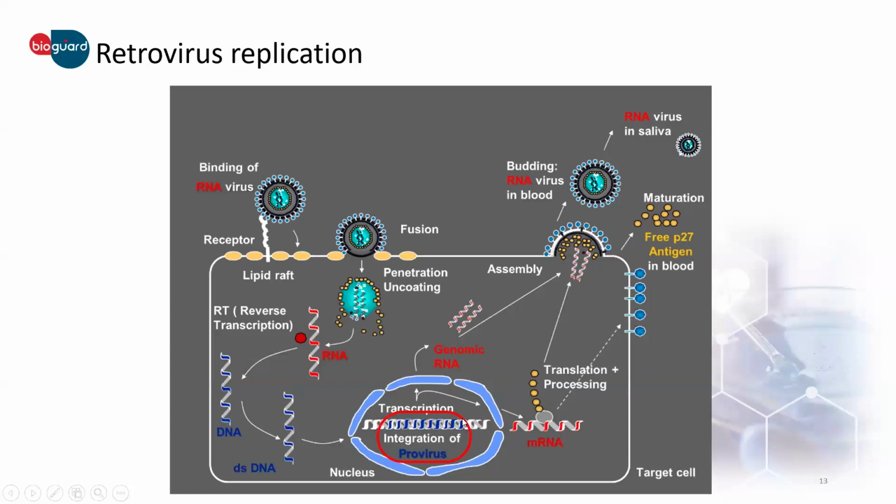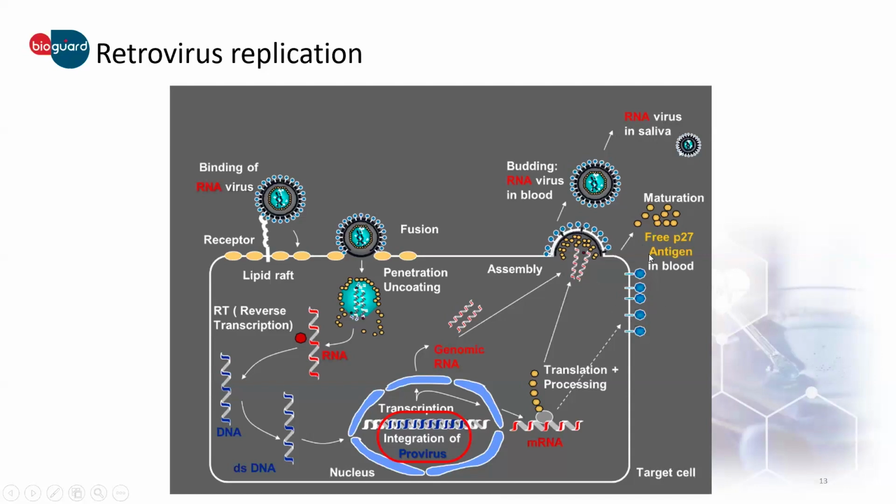And when the virus is under stress or activated, it will make new messenger RNA and produce the protein of the virus. After assembling, the virus will be released outside the cells into the blood and also the saliva.